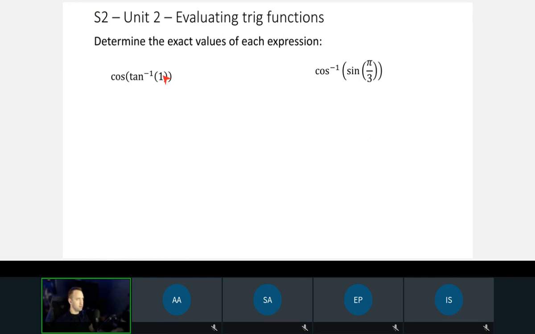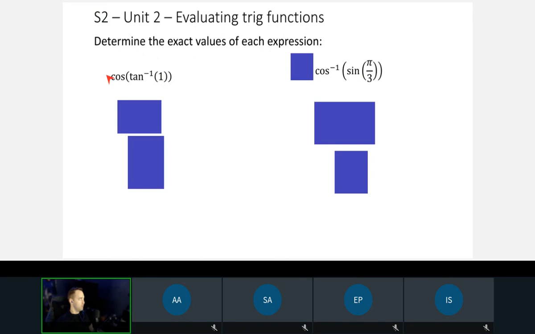And all you got to do, just like in the past, you always work from the inside out. So we're going to do the arctan of 1 first. The arctan of 1, if you look at your unit circle, is pi over 4. So that's the first occurrence.